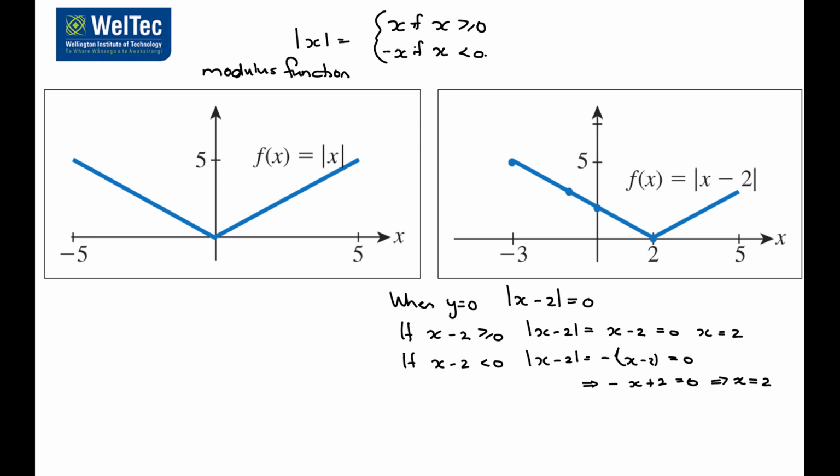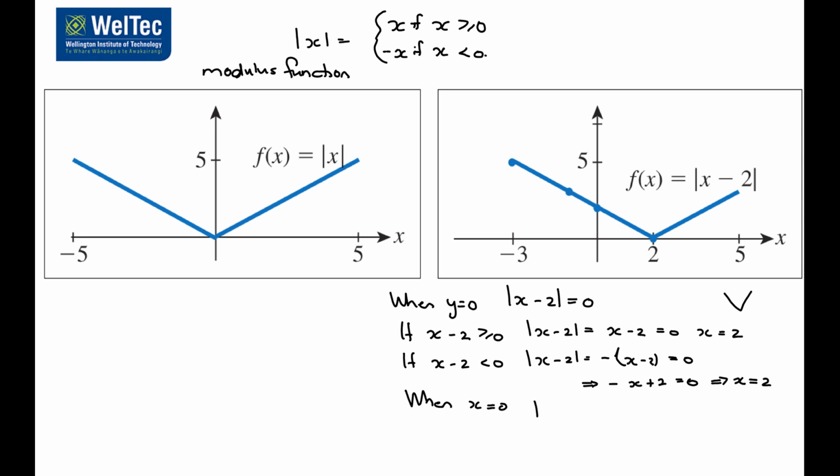So what we've got is one intercept, which is okay. Now, remembering the basic shape, it's going to be a V shape. That's the graph of a modulus function. We also need to find the y-intercept, so that's when x equals 0. So we put that in there.